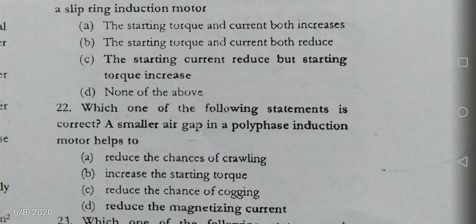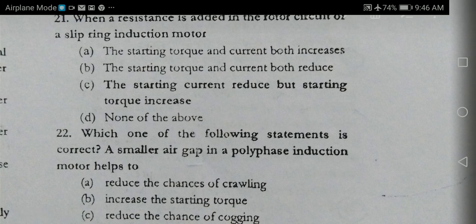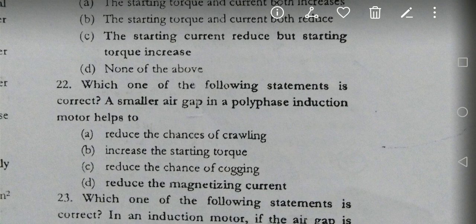Starting torque and current both reduce, it's wrong. The starting current reduces but starting torque increases. This is the main reason we go for the slip ring induction machine instead of the squirrel cage induction machine.